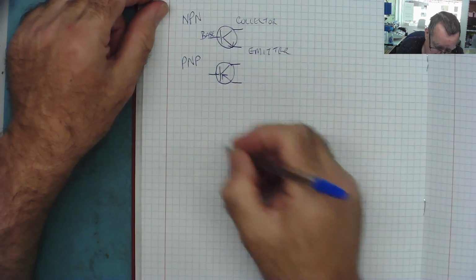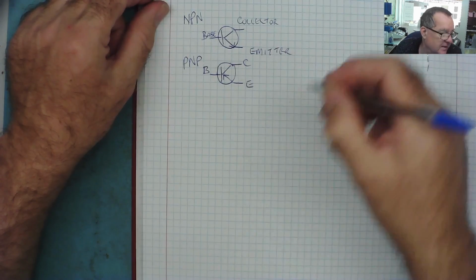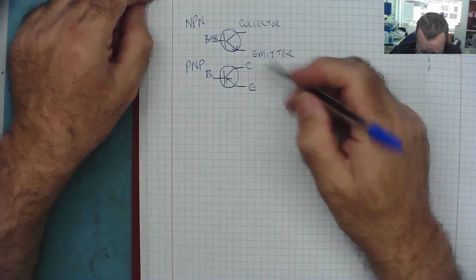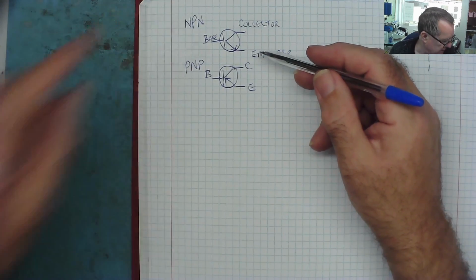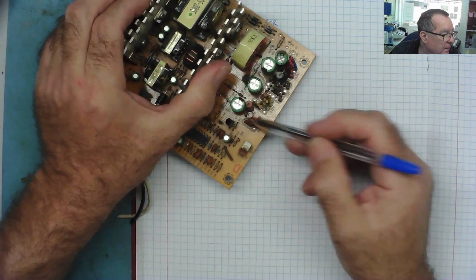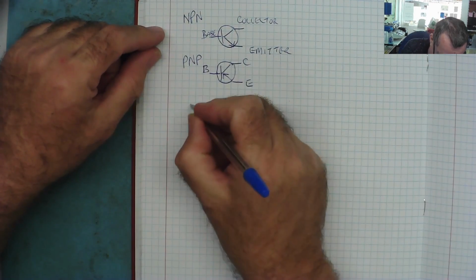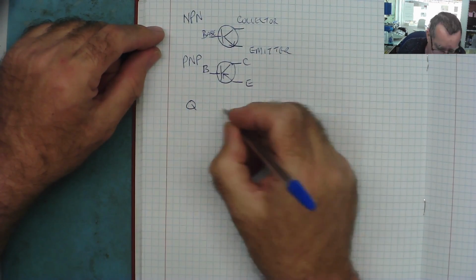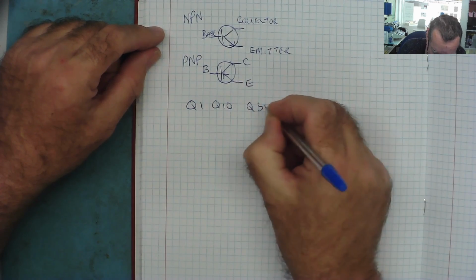or E. So on this one we'll put as the number are B, C, E. That's how you'll see them. When you find transistors on circuit boards and the actual circuit board has component markings printed on them, commonly these days a transistor will be marked as Q. So you'll have Q followed by number Q1, Q10, Q345.